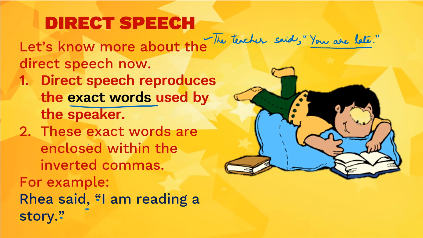So do remember, what is the direct speech? Direct speech reproduces the exact words used by the speaker. Because you quote somebody's exact words, you always put those words within inverted commas. Inverted commas are also known as quotation marks.